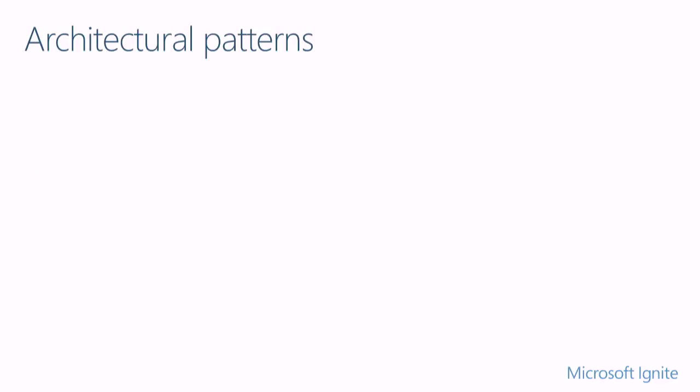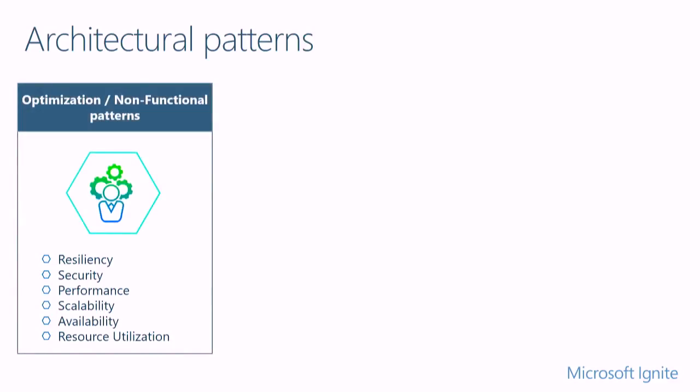Now, before we jump into the crux of the presentation, which is the actual architectural patterns, we would like to give you a brief overview of how we have categorized the architectural patterns. We found we could jot out 21 architectural patterns which are relevant to microservice deployments, and we have categorized them into 3 buckets. One, optimizational and non-functional patterns.